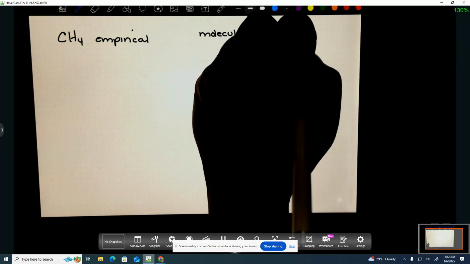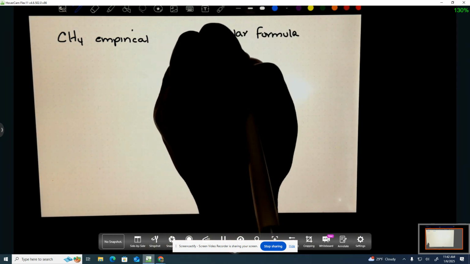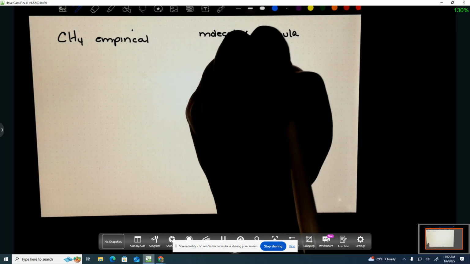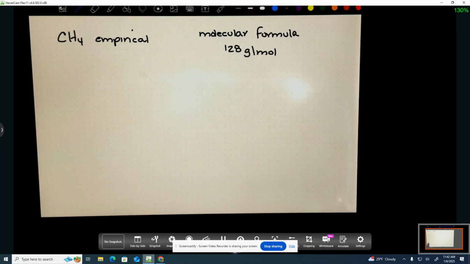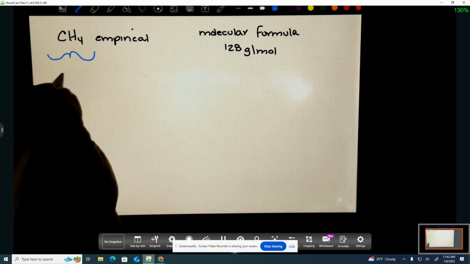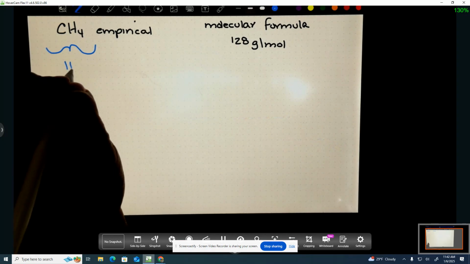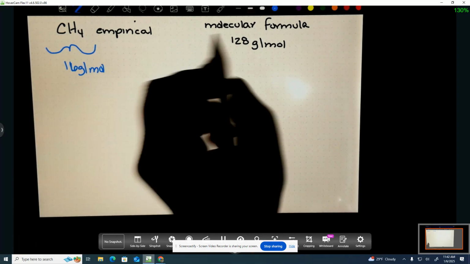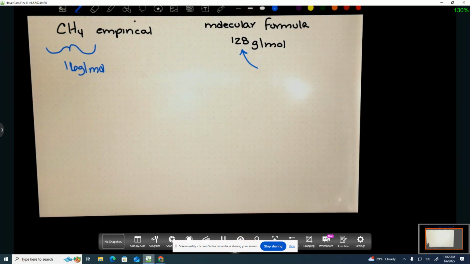Here's another one. Let's say you have CH4 as the empirical formula, and you want the molecular formula for the compound that has 128 grams per mole. What is its formula going to be? Well, how much does this bad boy weigh? 16 grams per mole. I want something that weighs 128. 8, perfect.